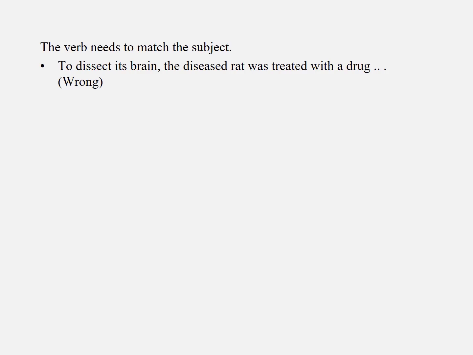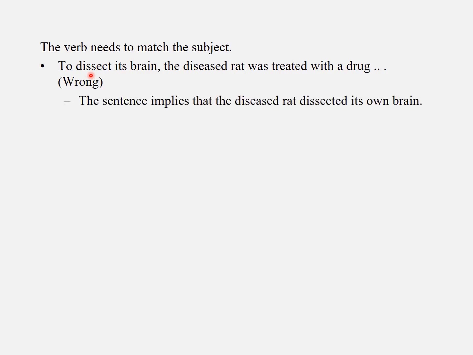The sentence is this: to dissect its brain, the diseased rat was treated with a drug. Clearly, this sentence is wrong because it implies that the diseased rat dissected its own brain. So this is impossible. A rat cannot dissect its own brain because the verb here does not match the subject.